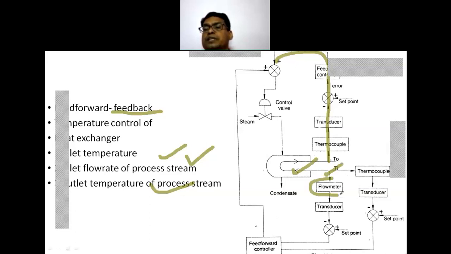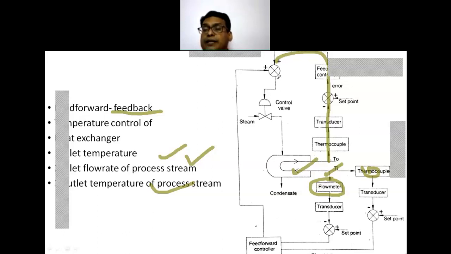So two measurements are there, flow meter and temperature measurement. The transducer is required, then the comparator, which gives the signal to the feedback controller. Both measurements go to the controller, which then takes the action and gives the signal to the control valve.